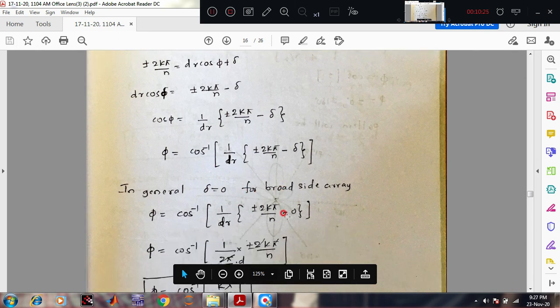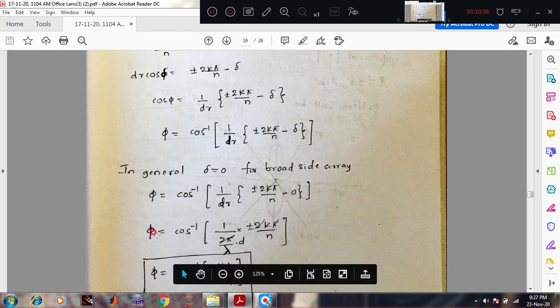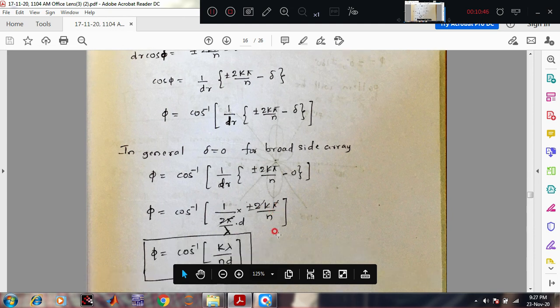So in that case φ is equal to cos inverse of (1/dr)(plus or minus 2kπ/n minus 0). Therefore φ is equal to cos inverse of, with dr being 2π/λ times d, plus or minus 2kπ/n. So this 2π and this 2π get cancelled. Here d by λ remains in the denominator.